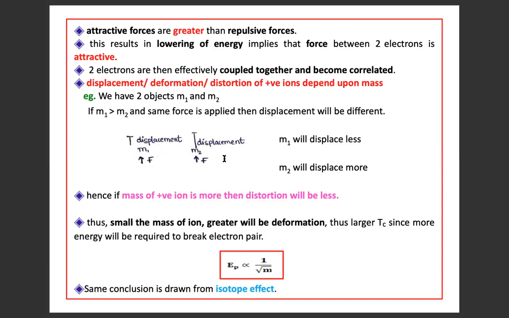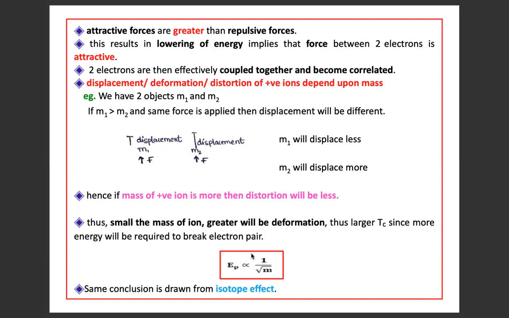The mass of M1 is greater than M2. If the same force F is applied to both, then M1 will displace less as its mass is higher, and M2 will be displaced more. So if the mass of the positive ion is more, then the distortion will be less.